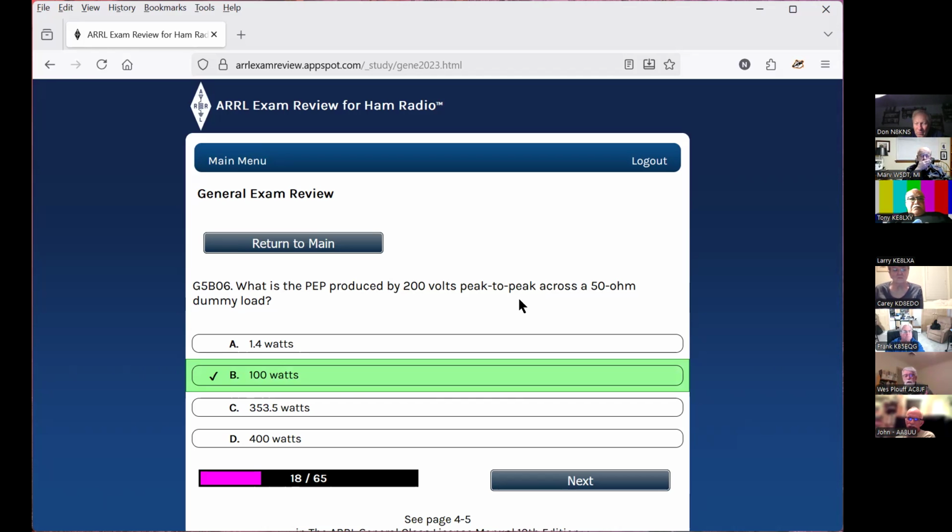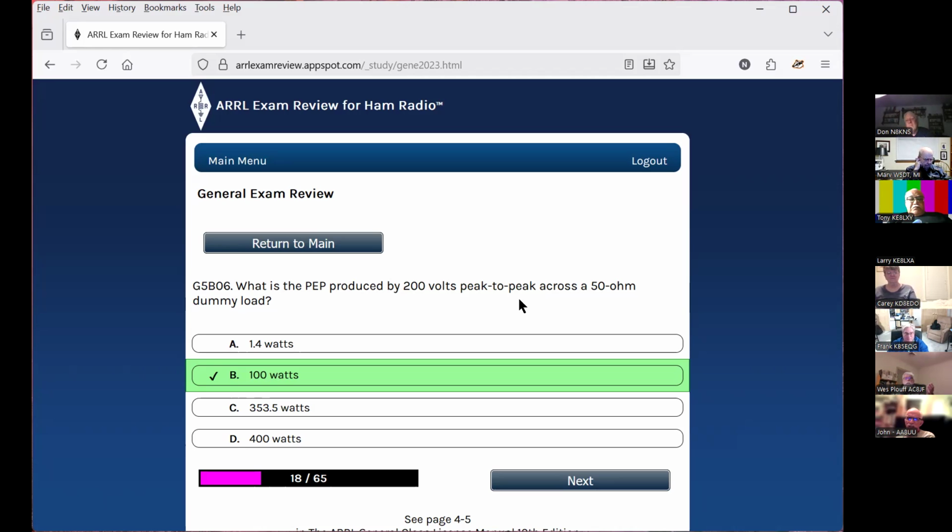Assuming a sine wave, the RMS voltage is 0.7 times the peak voltage. So that's about 70 volts.